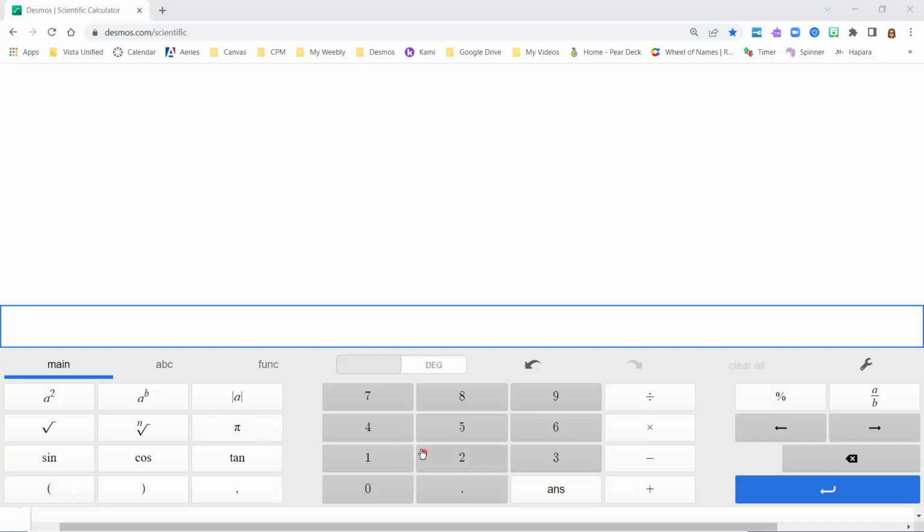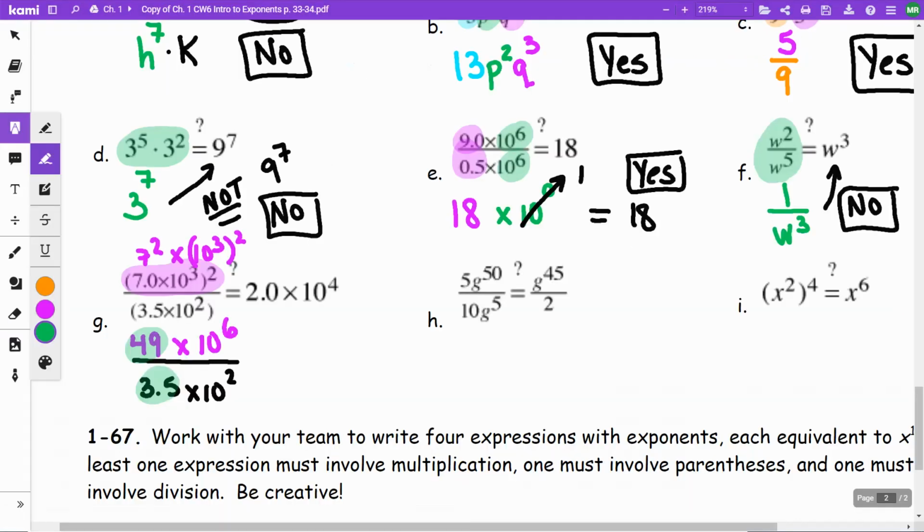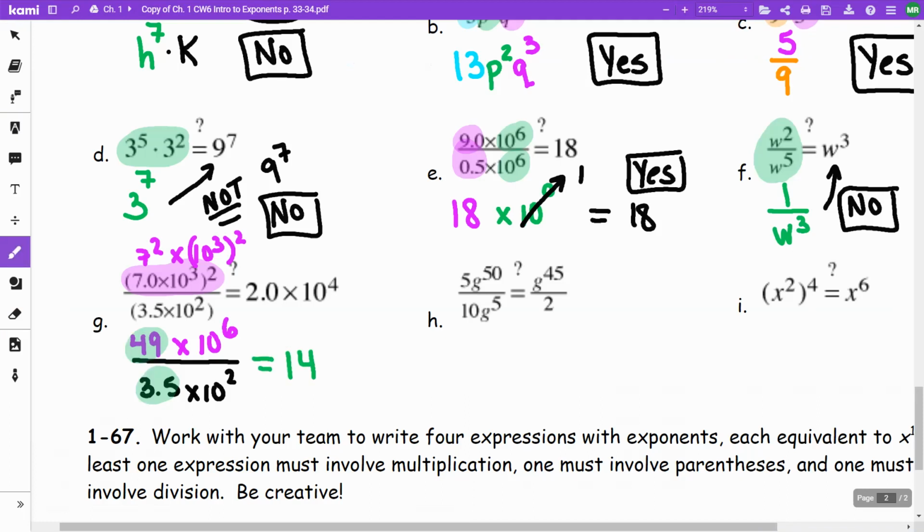If I was to take 49 divided by 3.5, you see I do get 14. So that is going to equal 14, which automatically is not going to give me the right answer here.